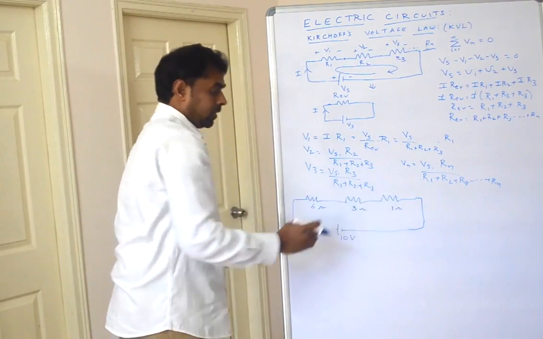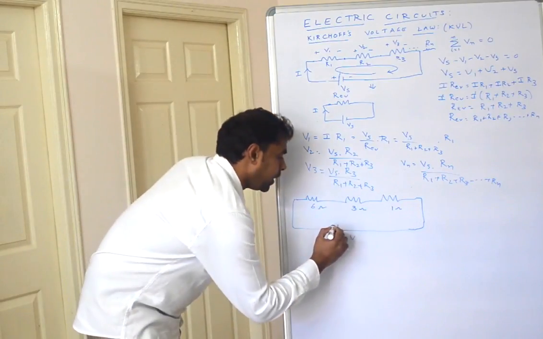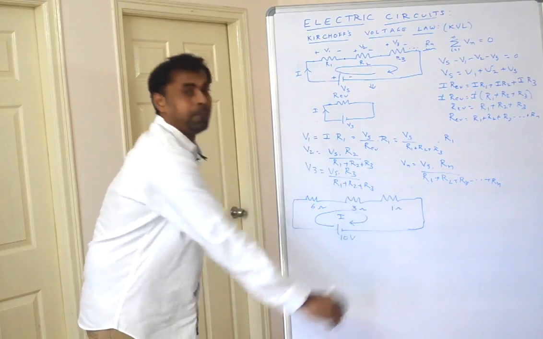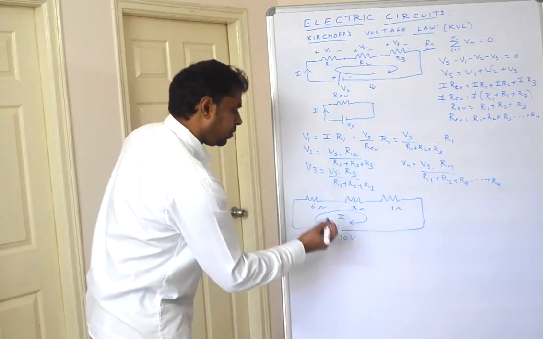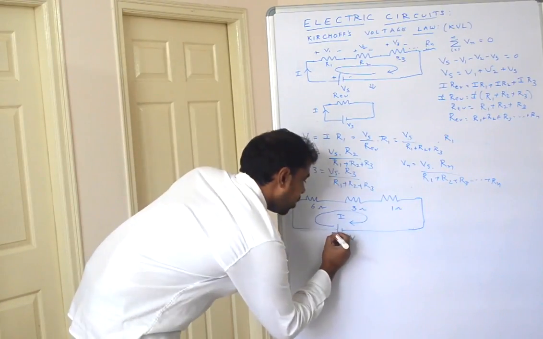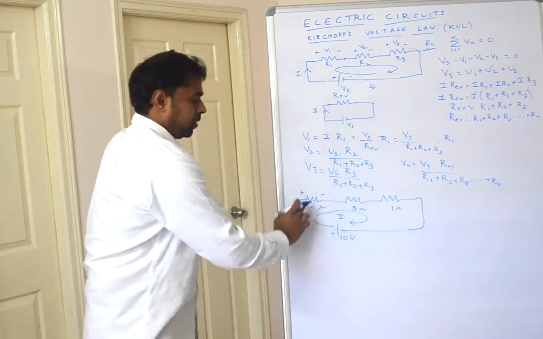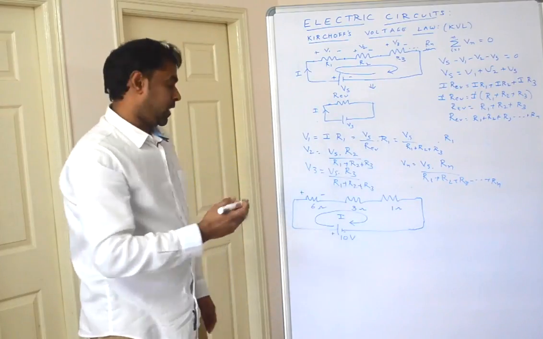So here a voltage source is applied, there is a closed path, and definitely current starts flowing. Let us assume that current as I. If you apply Kirchhoff's voltage law here, this is the positive terminal, this is the negative terminal. Here we have marked the current in the clockwise direction.